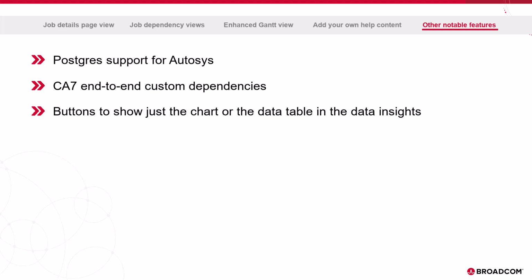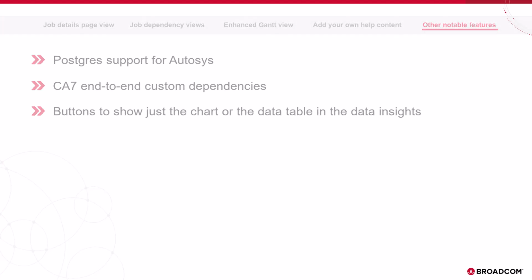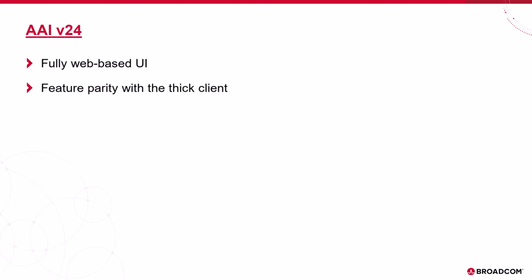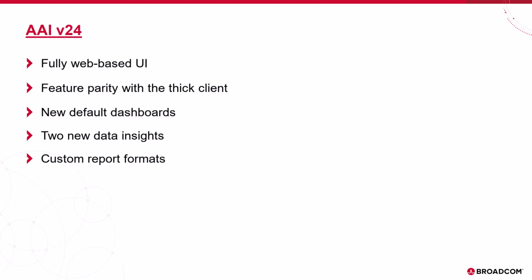Before we sign off, let's do a quick recap of the highlights. The standout update in AAI v24 is the complete transition to a web-based UI, offering feature parity with the thick client, which is now being phased out. Key highlights include new default dashboards, additional data insights, custom report formats, and the introduction of a GenAI Filter Assistant for smarter filtering.